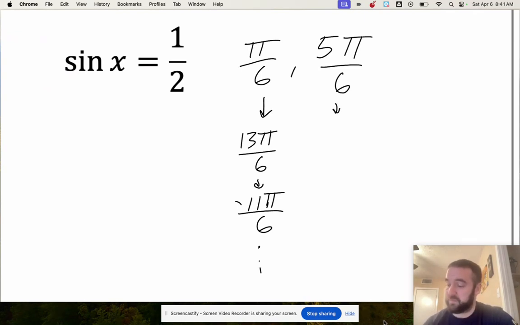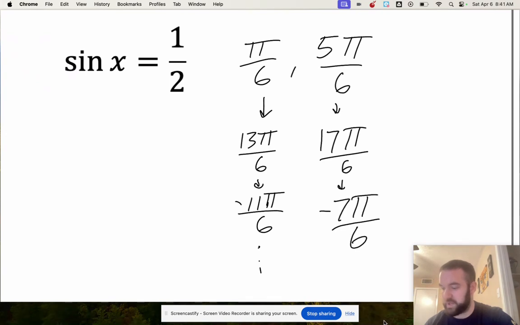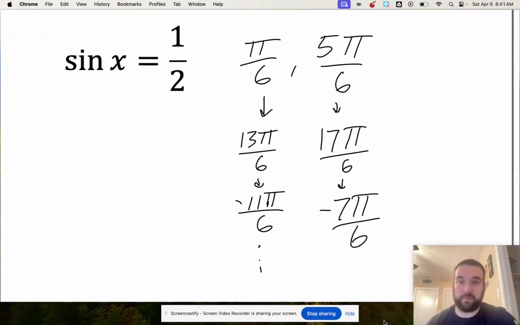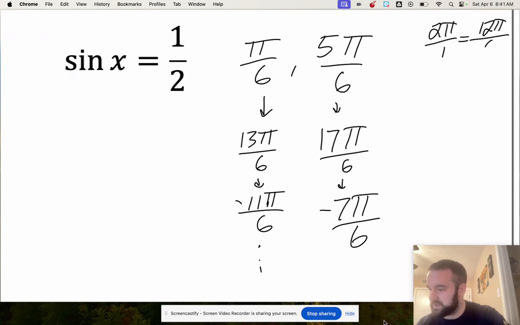5 pi over 6 is the same as 17 pi over 6, which is also the same as negative 7 pi over 6, which I got from subtracting 2 pi from that. Because remember, 2 pi has a denominator of 1, but you could say 2 pi over 1 is the same as 12 pi over 6.